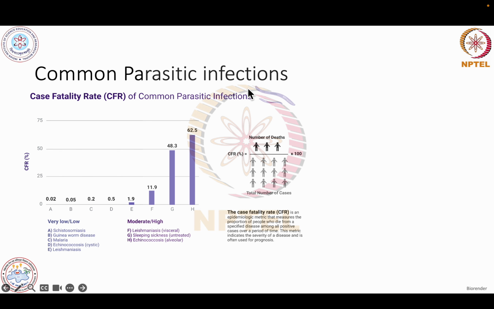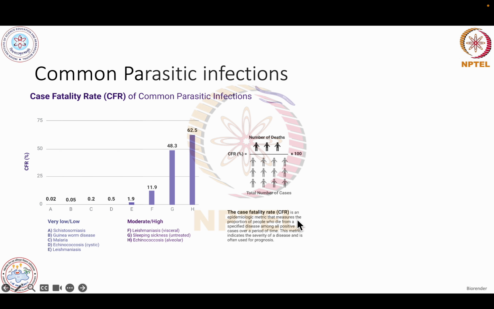Common parasitic infections: case fatality rate of common parasitic infections. So you can see a very low fatality rate in the case of schistosomiasis, guinea worm disease, malaria, echinococcosis and leishmaniasis. Moderate or high rates are there in leishmaniasis, sleeping sickness and echinococcosis.